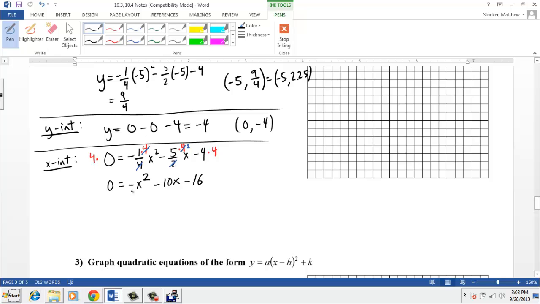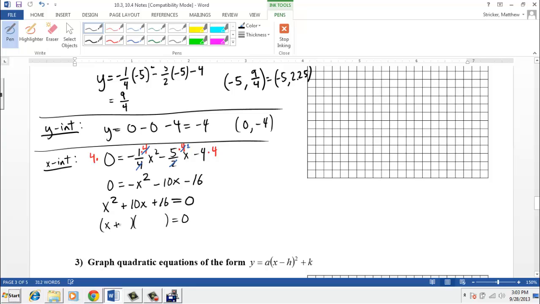And this is a quadratic, but normally we want to think about quadratics with our x squared as the positive term. So let's move everything to the other side. That makes it a positive x squared, a positive 10x, and a positive 16 equals 0, which is factorable.